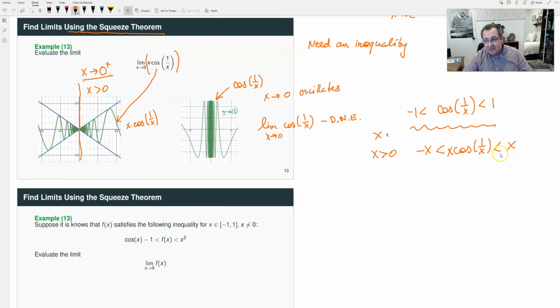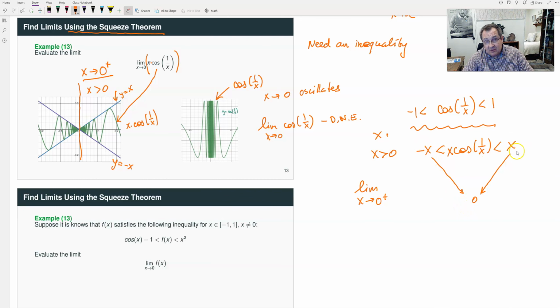x times cosine of 1 over x is squeezed between x on one side and negative x on the other side. And that is what you see on the picture. This top line is y equals x. This bottom line is y equals minus x. And what's most important, if we look at the limit as x approaches 0 from the right, we will notice that x will go to 0, and negative x will also go to 0.